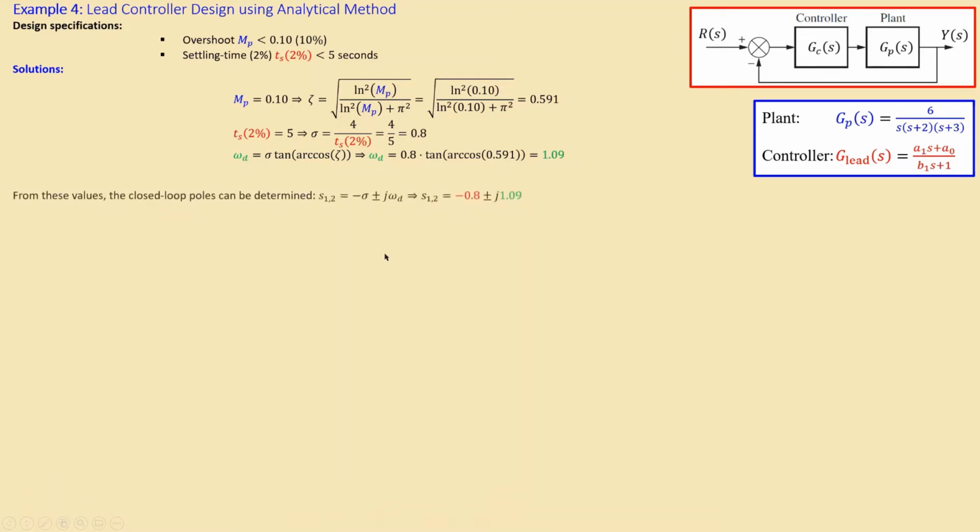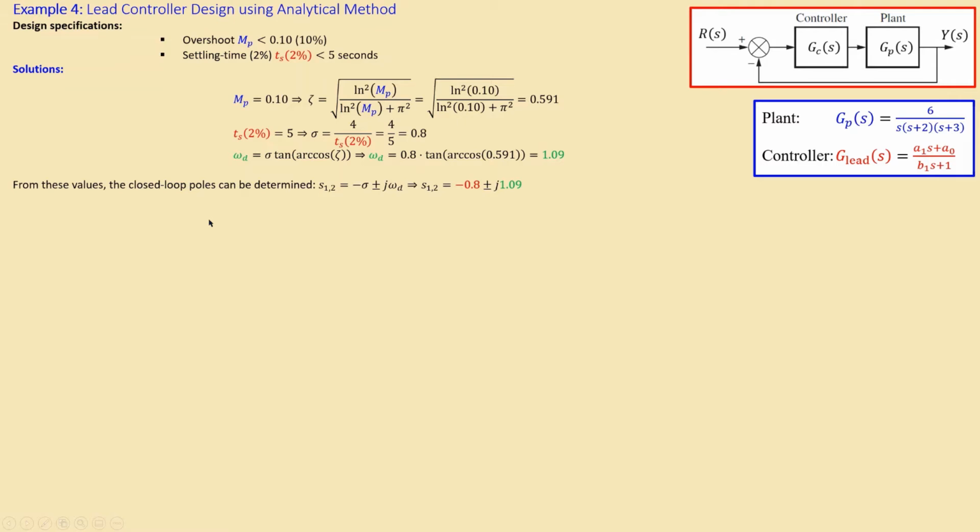Now if I collect these values, I can make the expression for the closed loop poles, which are actually the dominant poles. These 2 poles, S1 and S2, are given by minus sigma plus or minus j omega d, which determine the dominant poles, and we assume that we can approximate the complete system by these 2 dominant poles.